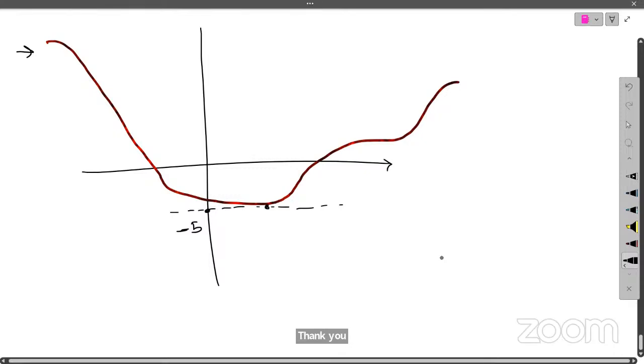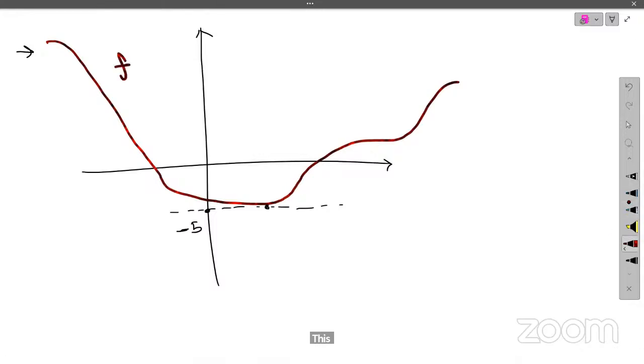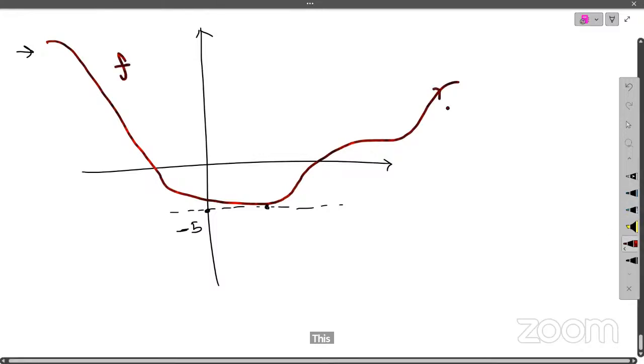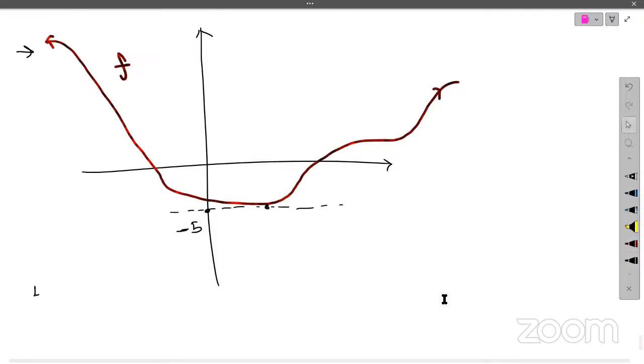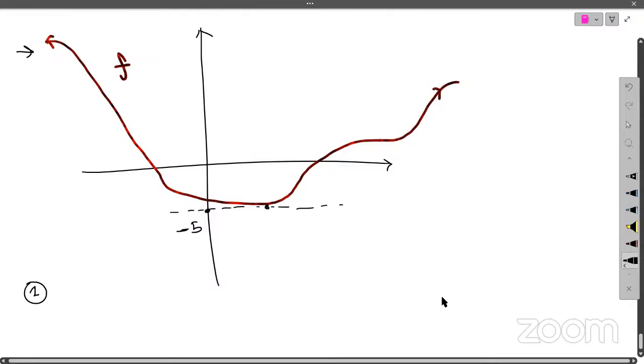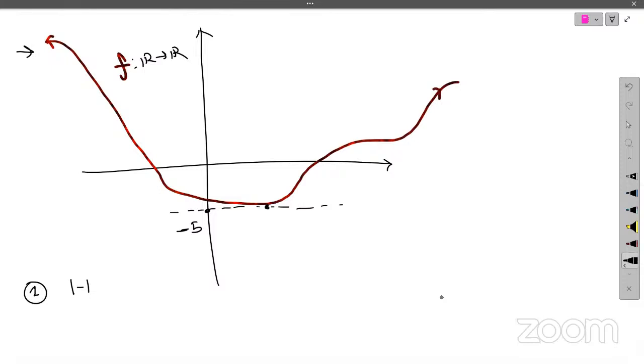I'll ask you 2 to 3 questions, and this is your graph of the function. You guys try to judge what is happening over this function. The first thing is I won't ask about the domain. I am assuming that this is my function from real numbers to real numbers. So first thing, is it a 1-1 function or not? You can answer in the chat box. 1-1 or not?